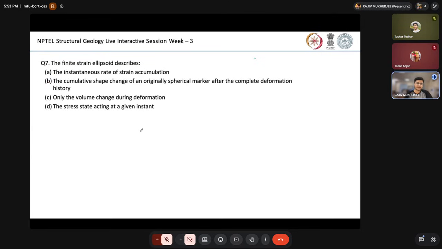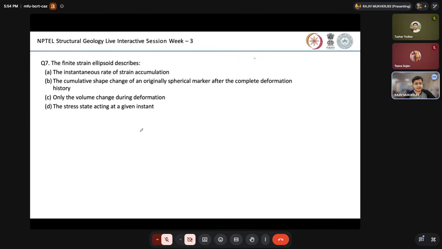Question number 7 says that the finite strain ellipsoid describes option A, the instantaneous rate of strain accumulation, option B, the cumulative shape change of an originally spherical marker after the complete deformation history. Option C, only the volume change during deformation. Option D, the stress state acting at a given instant.